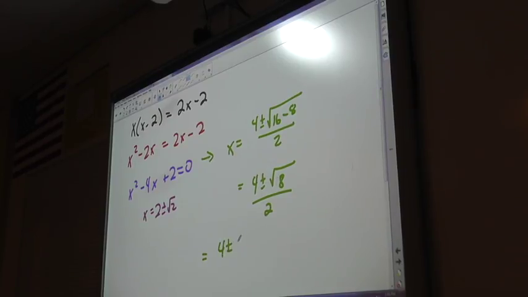This is going to be 2 radical 2. A lot of students will write on the test 2 plus 2 radical 2, because they'll cancel out the 4 and the 2, and they'll get this answer. Now, why is that wrong? They didn't divide the 2 radical 2.